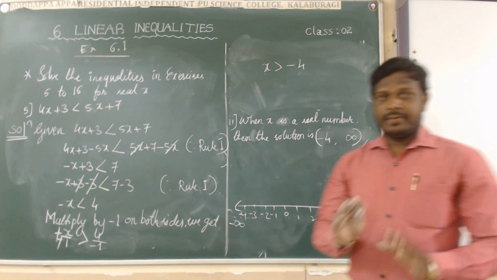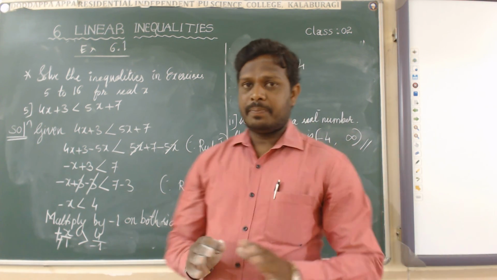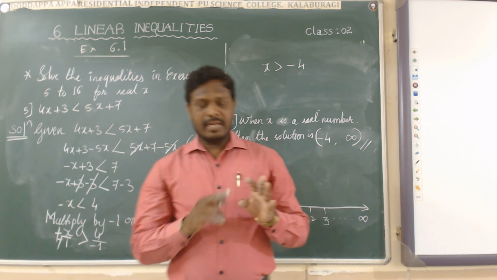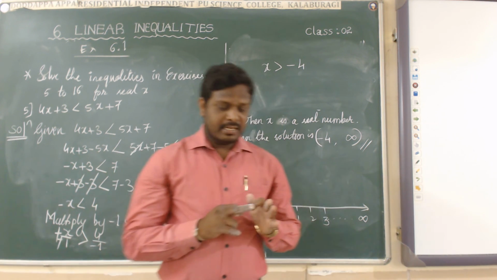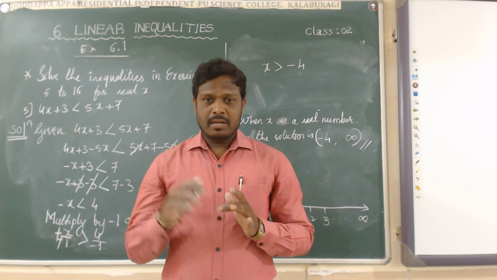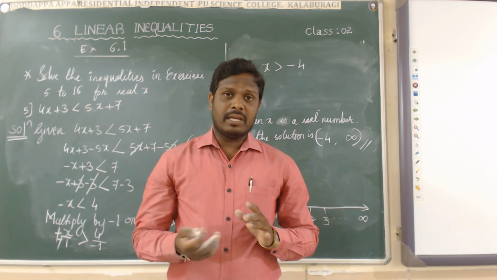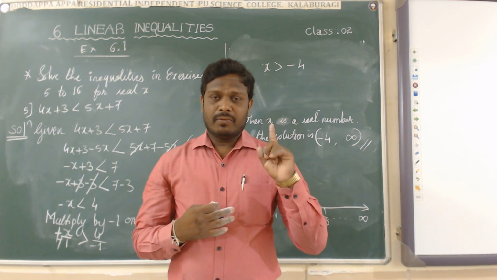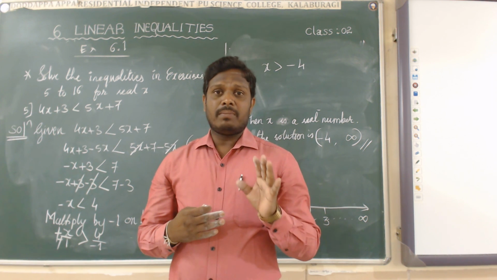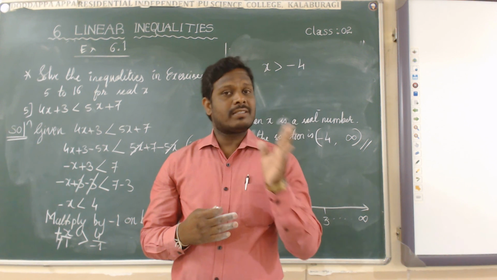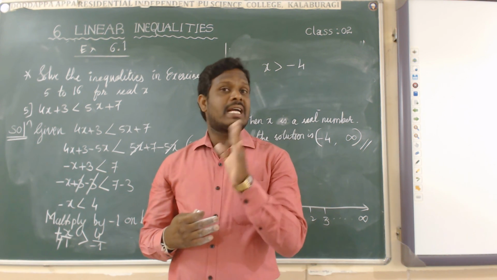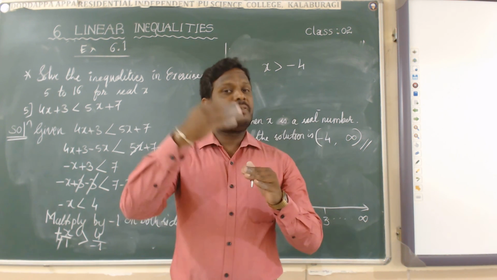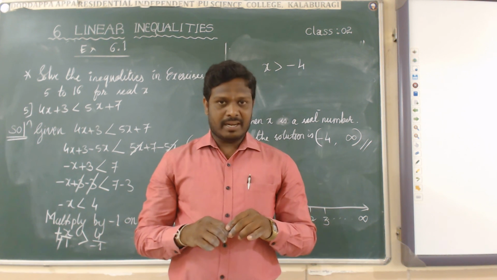We have to be perfect first of all in all the numbers, that is natural numbers, integers, real numbers. Later on this we have to know the rules. There are two rules. One is that equal numbers may be added to or subtracted from both sides of an inequality without affecting the sign of inequality.